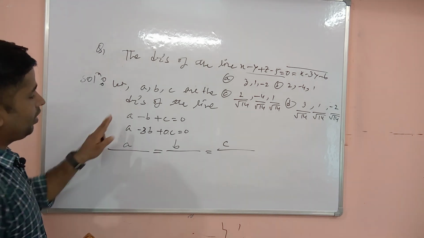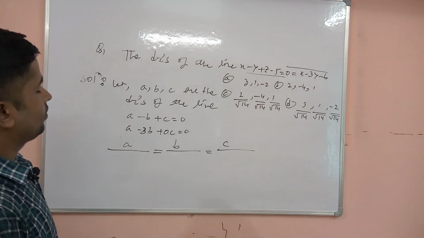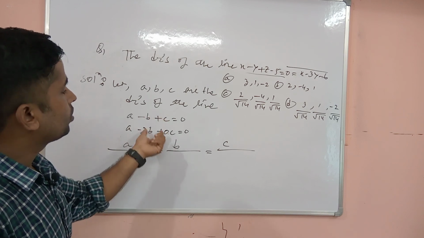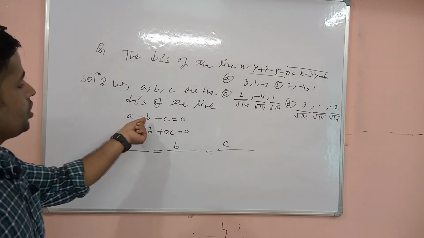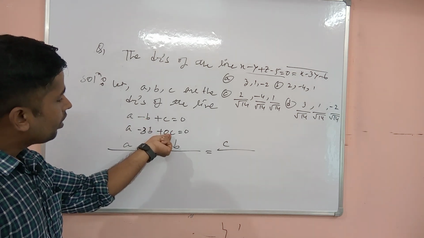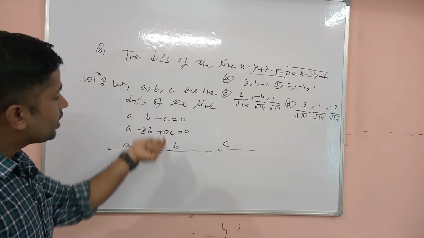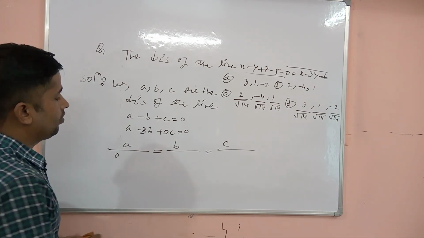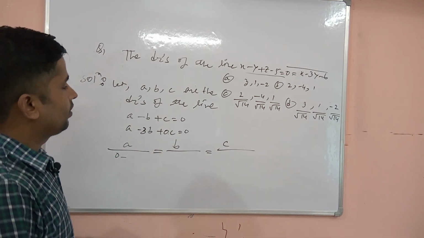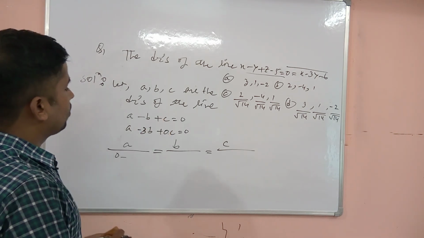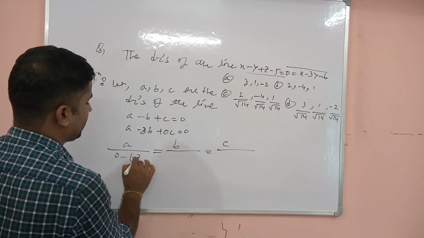Cross multiplication goes like this. If you erase this column, what is left is the coefficient of b and coefficient of c, which are multiplied: minus 1 into 0, that is 0, minus coefficient of c into coefficient of b, that is minus 3.